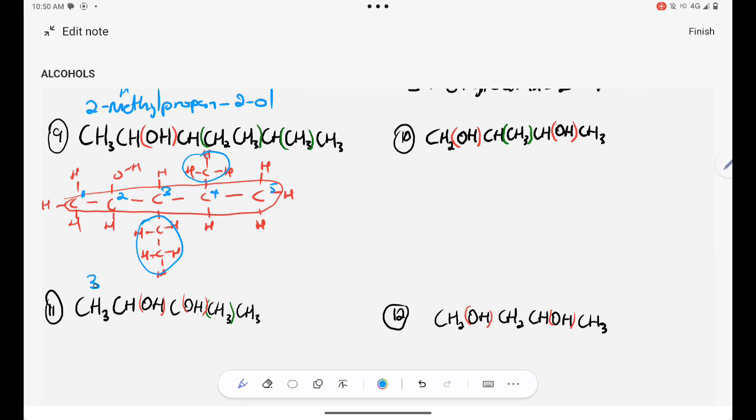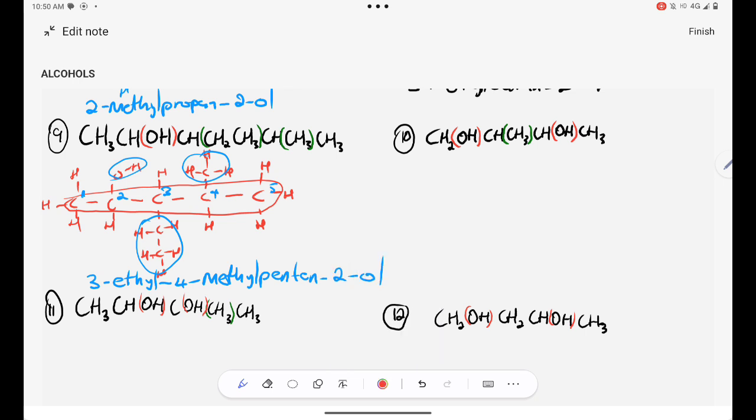So at carbon number 3, I have my ethyl. At carbon number 4, I have my methyl. And the parent chain has 5 carbons, so this is pentane. The alcohol functional group is at carbon number 2, so that's 2-ol. So the full IUPAC name is just 3-ethyl-4-methylpentan-2-ol.